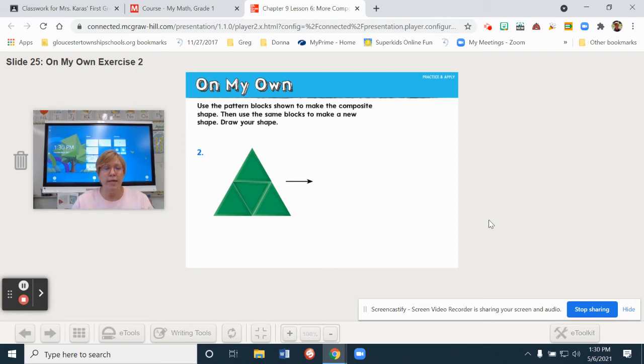So even though you only have two triangles, you can trace it and continue to build another shape. So use the pattern blocks shown to make the composite shape. All right, so take your composite blocks, you have two triangles, and then now make a different shape and trace it right here, okay? Pause and then come back.